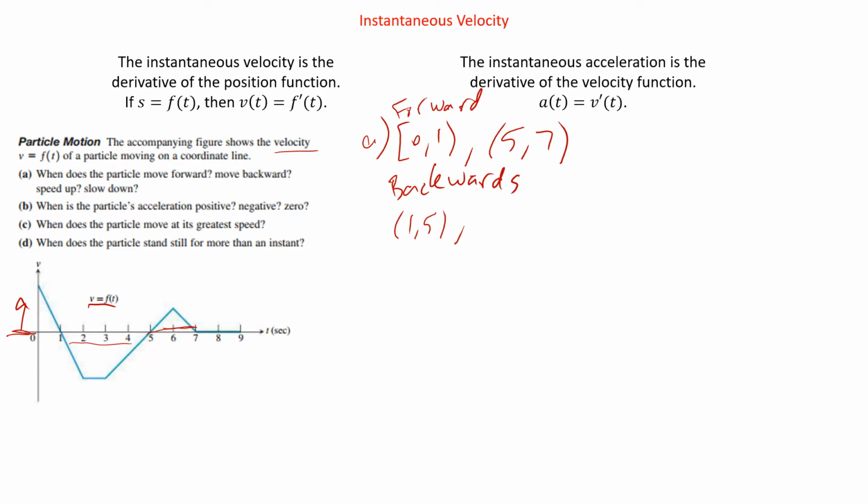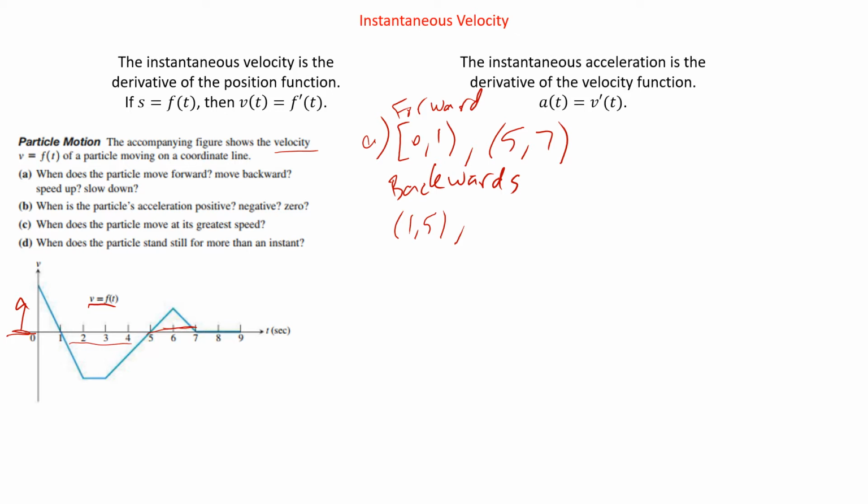Speeding up and slowing down: it's speeding up when the velocity and the acceleration have the same sign. So if we're moving forward and we're increasing speed, so both the velocity and the acceleration are positive, we're speeding up.